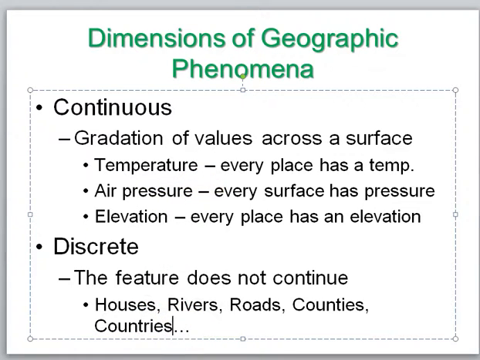So temperature, every place has a temperature, every place has an air pressure, every place has an elevation. The change between that data is continuous. The variable or the amount will change, but the existence of it doesn't change.